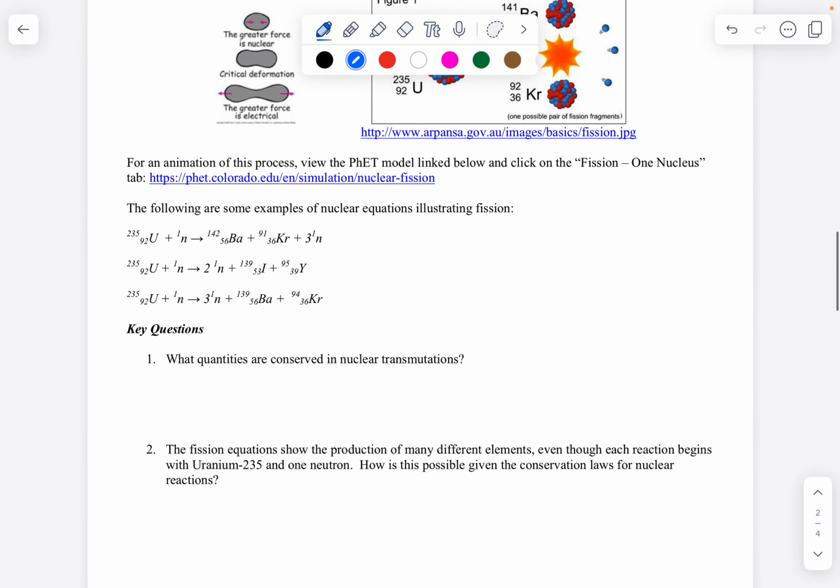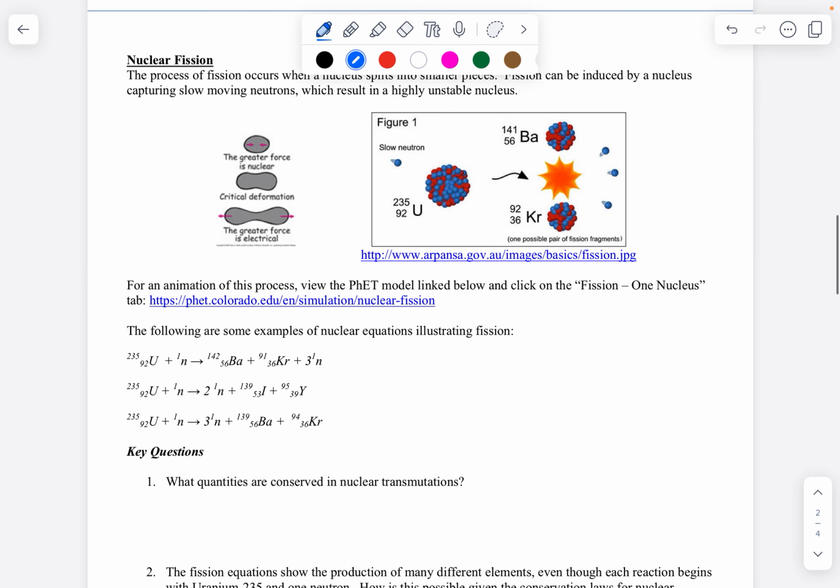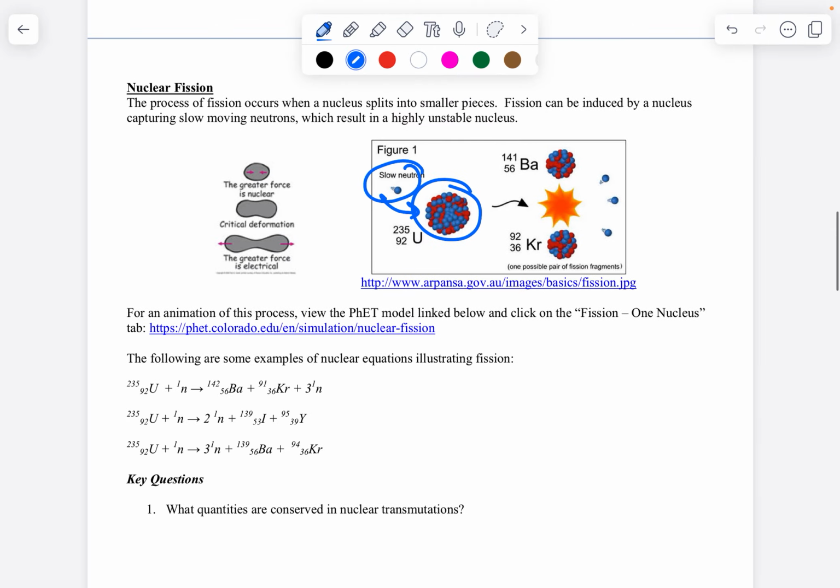Of course, fission is when... Now, the way the fission happens is you have some kind of isotope, usually a big one, and then you have a neutron that enters the isotope, a pretty slow neutron, so that the isotope can actually capture it. Once it captures it, the idea is that it's going to become unstable. So the nucleus is going to be unstable, and then it's going to break.